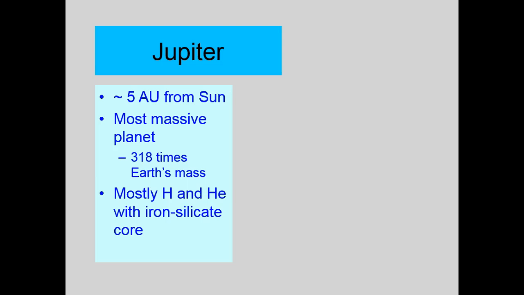But here's the other thing. We can tell the gravitational field of Jupiter. Gravitational field is related to how much mass there is. We know its diameter. We know the gas concentration and stuff. The only way for it to have that much mass is for it to have a solid core.